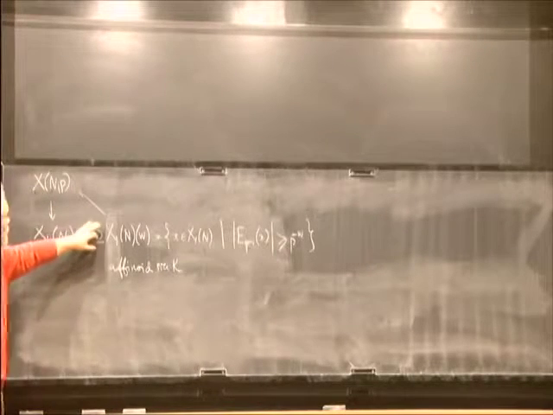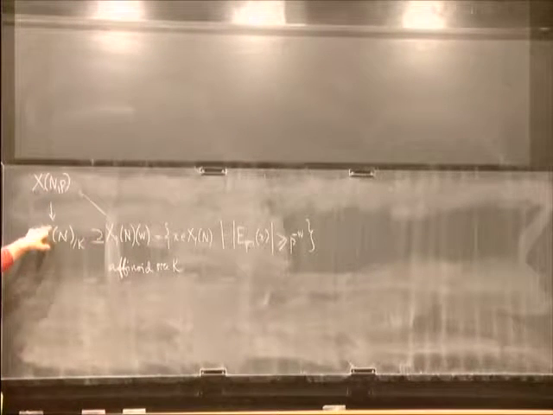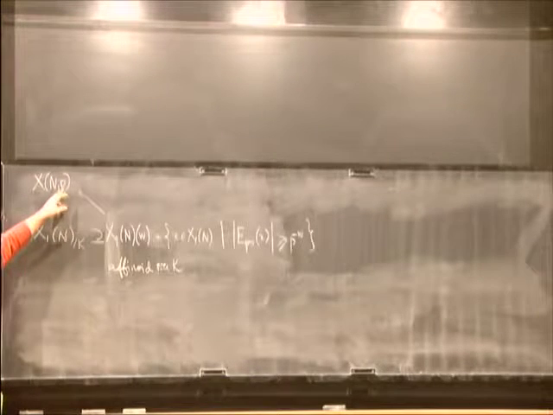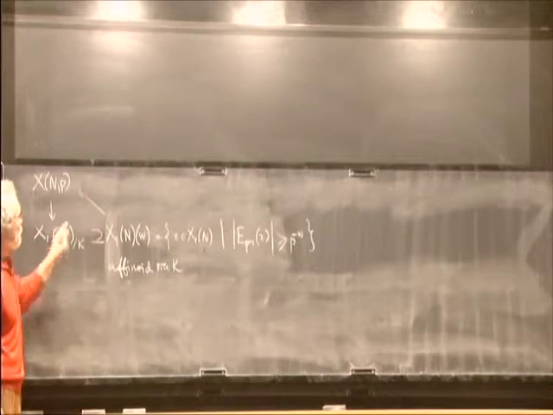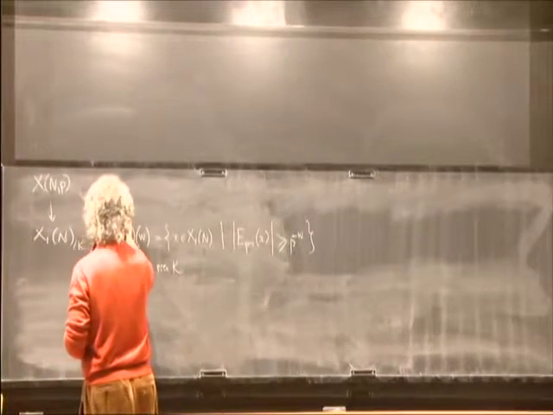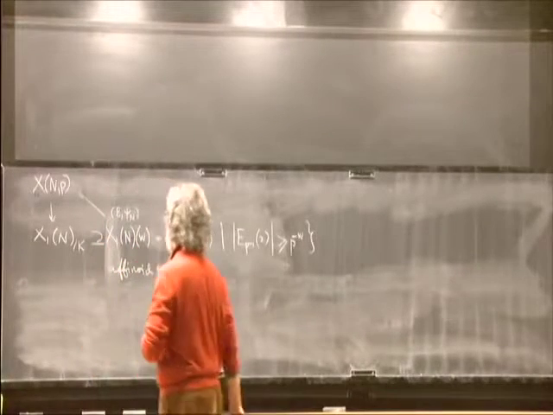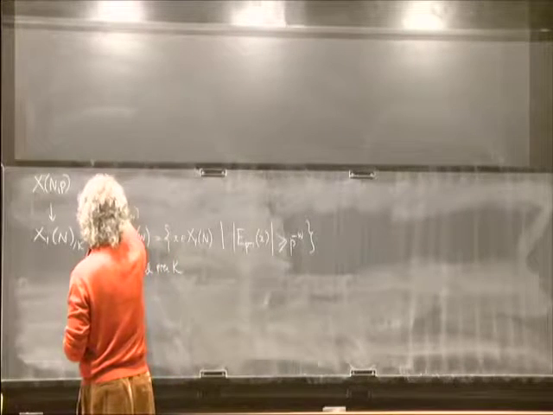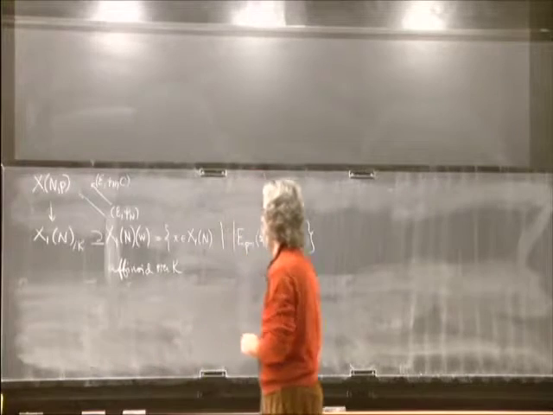The natural projection, which forgets the order p subgroup, has a natural section, which sends a point, an elliptic curve with a level N structure, to the point where I add a subgroup of order p.